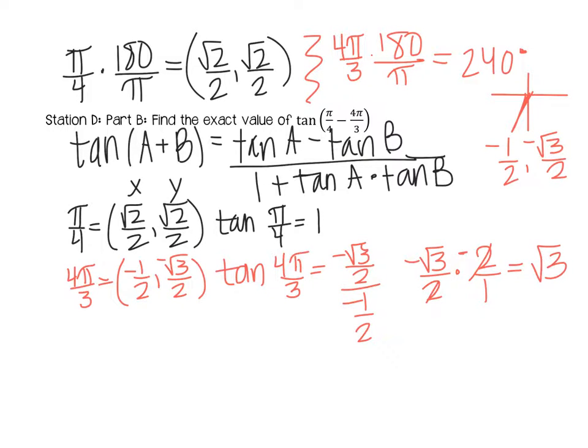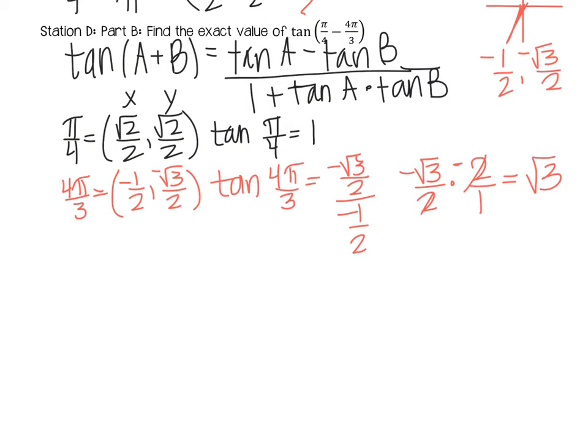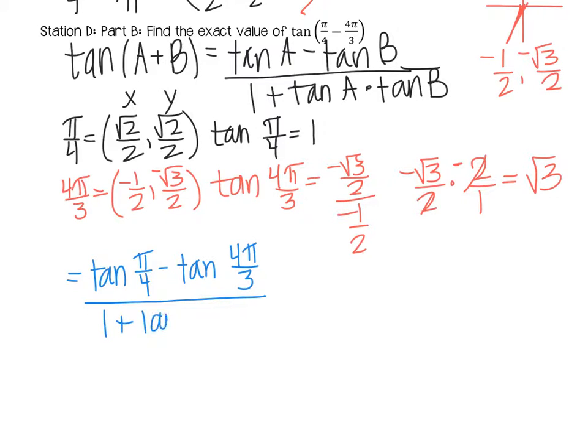Okay. So now it's time for us to start plugging things into formulas. So as I mentioned before, I know that I am dealing with the tangent of pi over 4 minus the tangent of 4 pi over 3, all over 1 plus the tangent of pi over 4 times the tangent of 4 pi over 3.